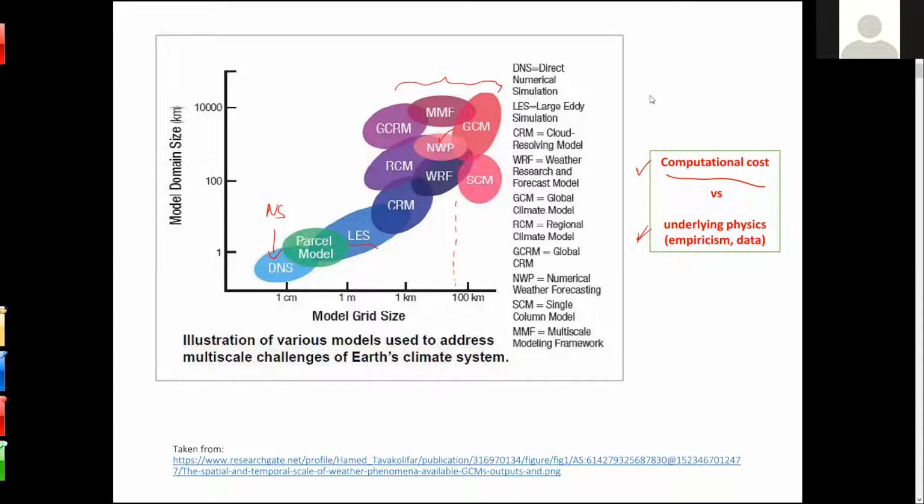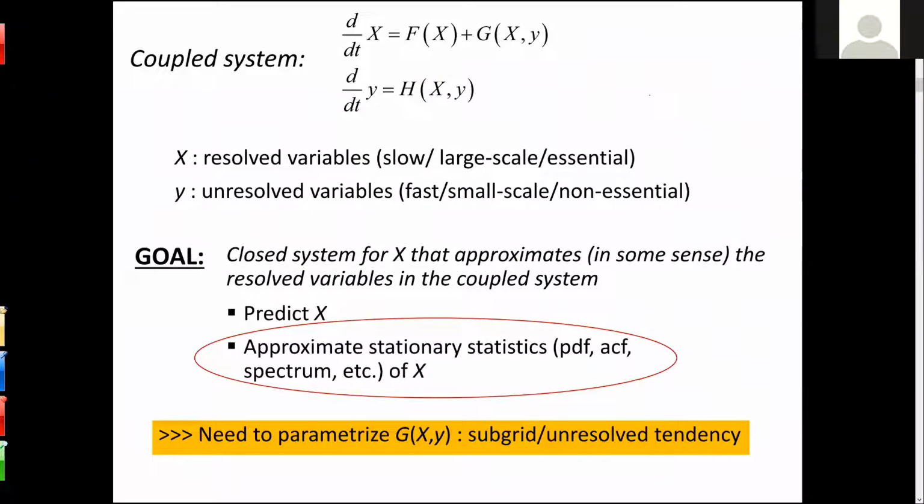Now, maybe to understand it more, we formulate it in the language of differential equations. So in here, we have a coupled system. You have two types of variables. You have x as the resolved variables, and y as the unresolved variables. X and y can be vectors. They are not necessarily scalar variables.